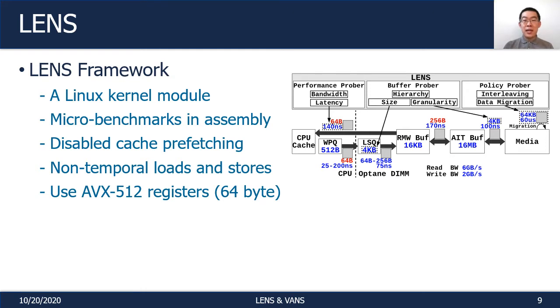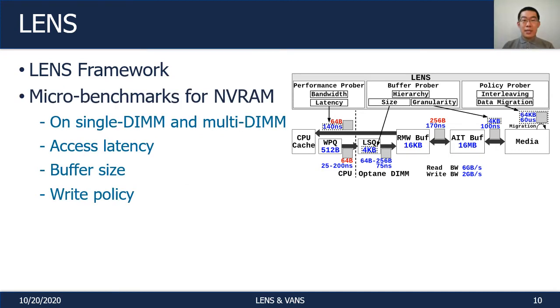It also uses the AVX512 registers to emulate cache line granularity memory access. Lens runs micro-benchmarks on non-volatile memory using single DIMM and multi-DIMM settings.